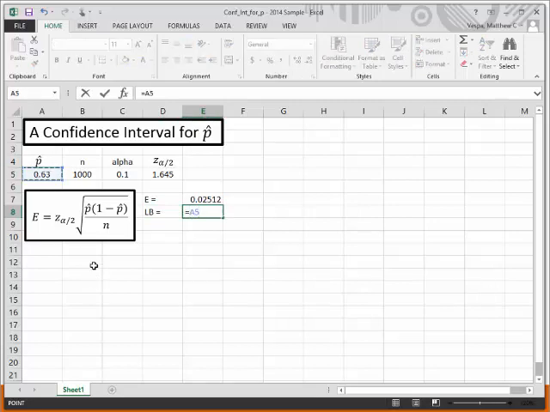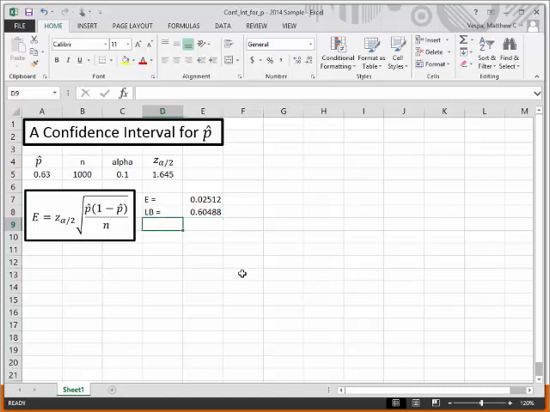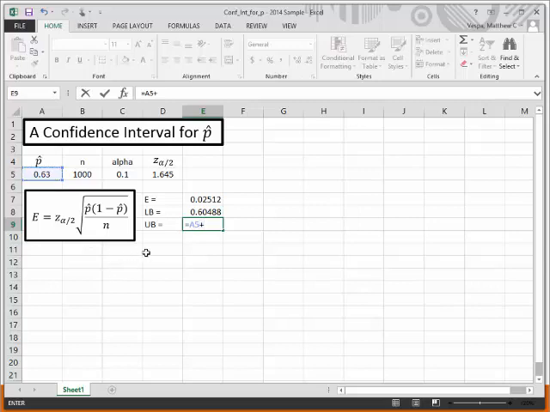So my lower bound for the confidence interval is equal to p hat, my estimate for the proportion, minus my margin of error. That's your lower bound. So the lower bound for my interval is 60.5%, or 0.605 as a proportion. Then my upper bound for the interval is equal to p hat, my estimate for the true proportion, plus my margin of error.